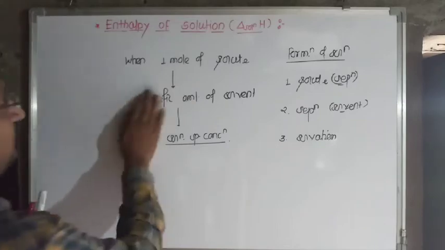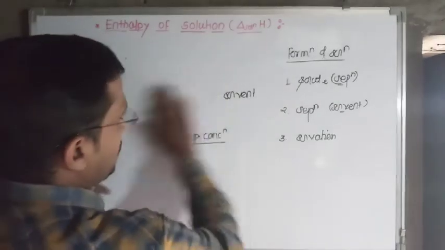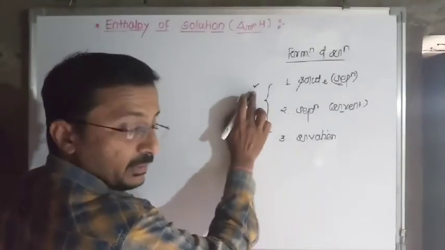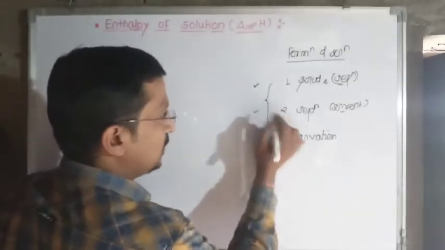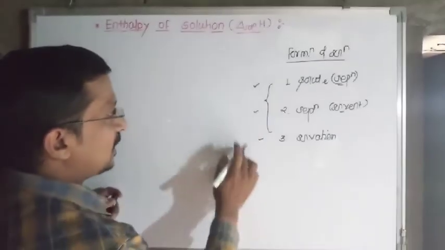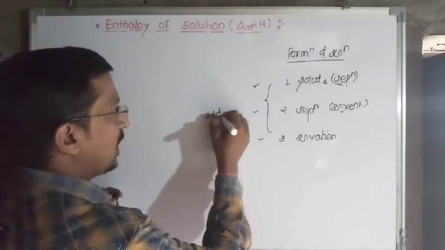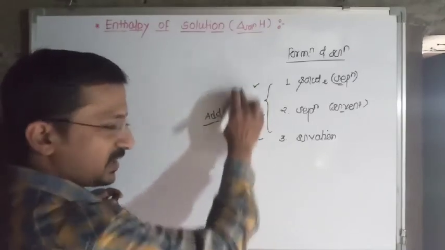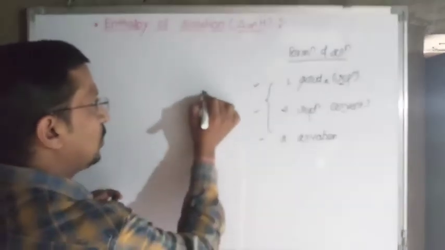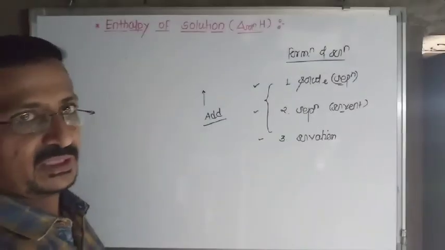Now, as far as enthalpy of solution is concerned, it is not obtained directly. Whatever enthalpy change occurs during the separation of solute particles, during the separation of solvent molecules, and in the hydration or solvation process, if we add all these enthalpy changes, then we get the total enthalpy of solution.